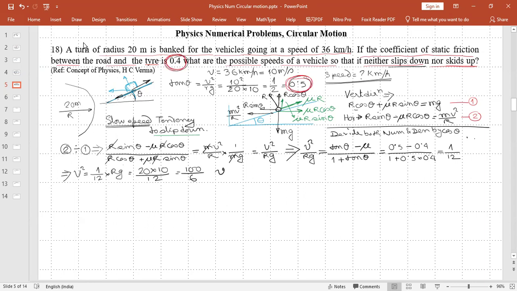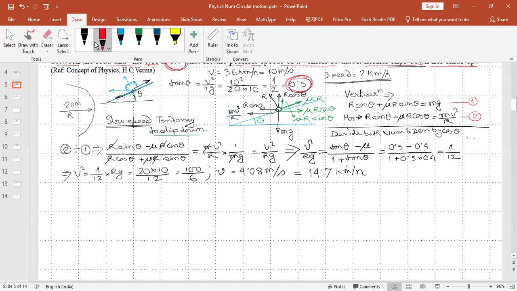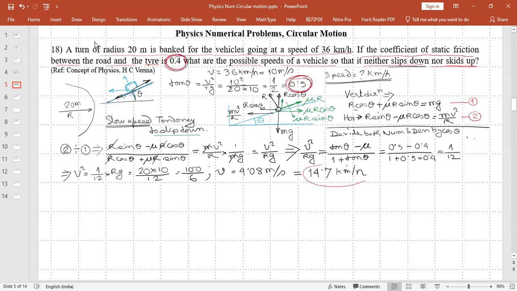From here we get v is equal to 4.08 meter per second. If you convert this into kilometers per hour, it will be 14.7 kilometer per hour. So this is the lowest limit of the speed.